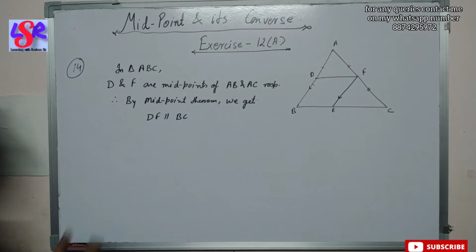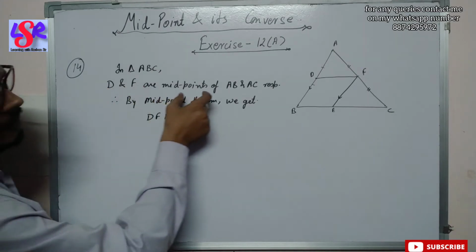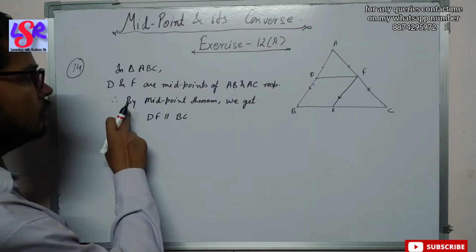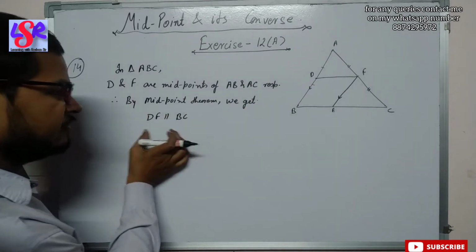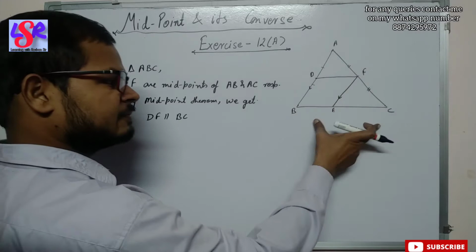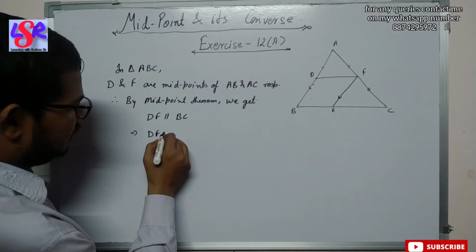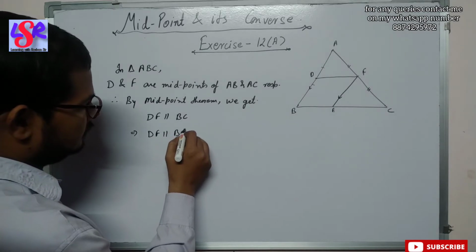In triangle ABC we have D and F are the midpoints of the side AB and AC respectively. It was given to us. So by midpoint theorem we get DF parallel to BC. As DF is parallel to BC, this can also be written as DF parallel to BE.